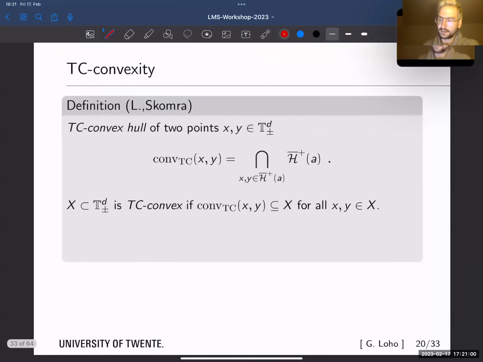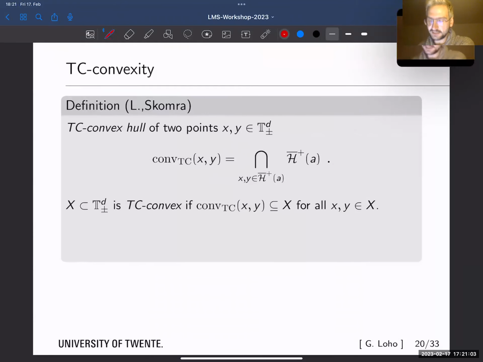Okay. And from this we extend to arbitrary sets. We want a set to be TC convex if it contains these TC line segments for all points in the set.